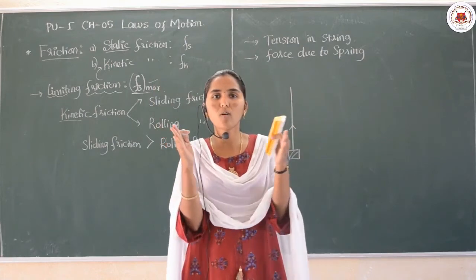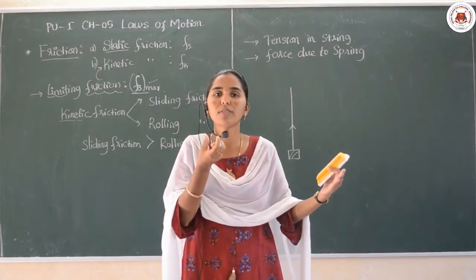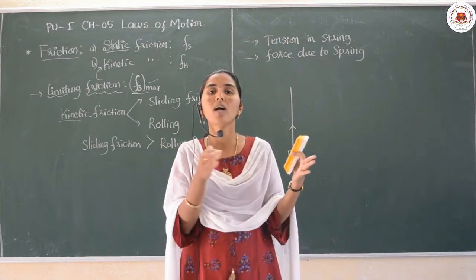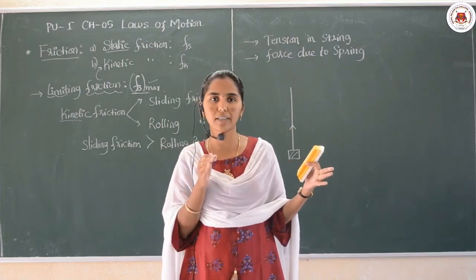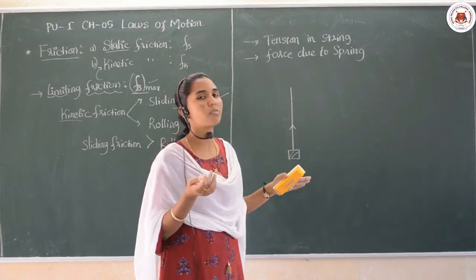When a spring is compressed or extended, a restoring force is present. Due to that restoring force, the spring comes back to its original state, right? That restoring force we call the force due to the spring.